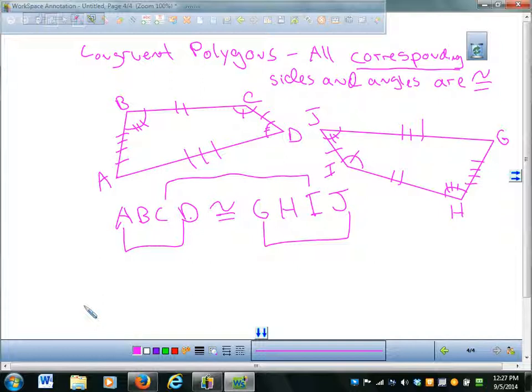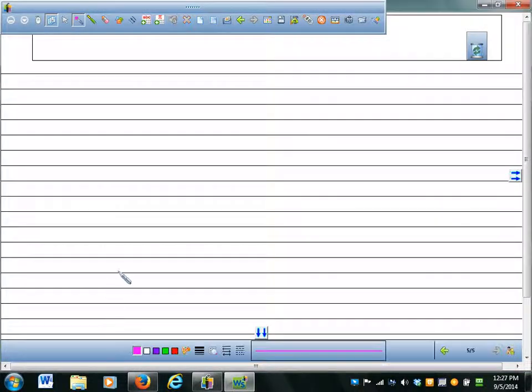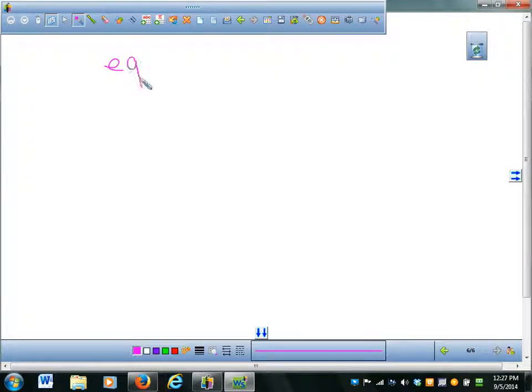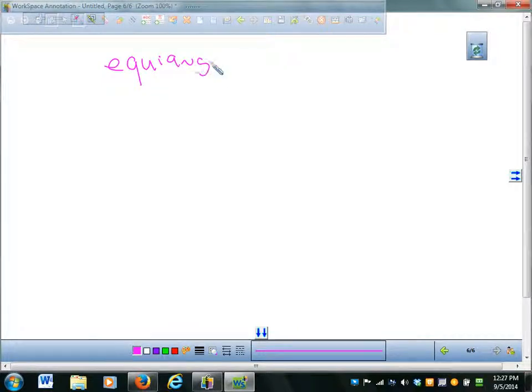Last thing, well, a couple of short things. Equiangular, what do you think that means? Equiangular polygon.